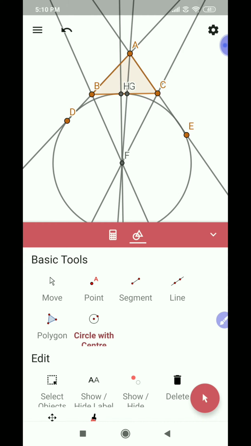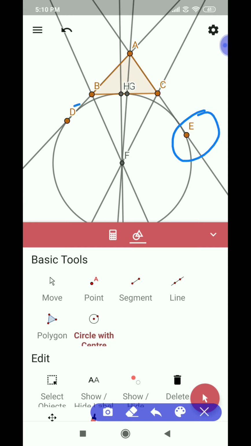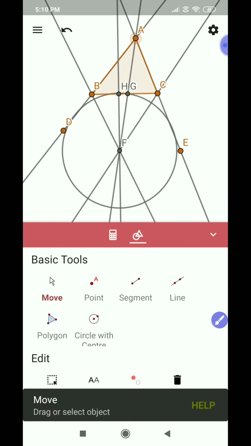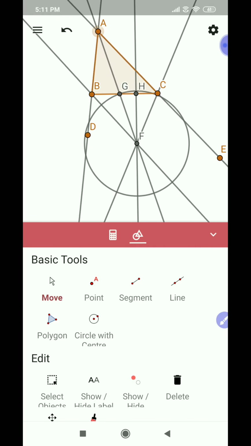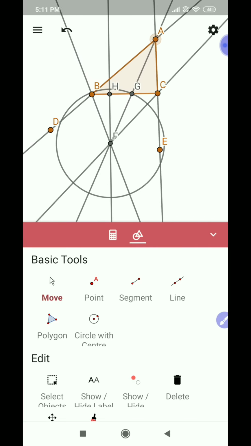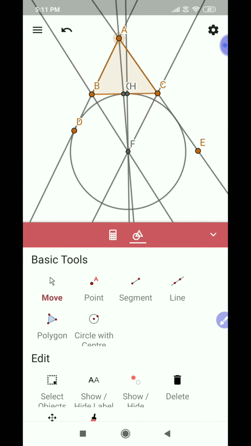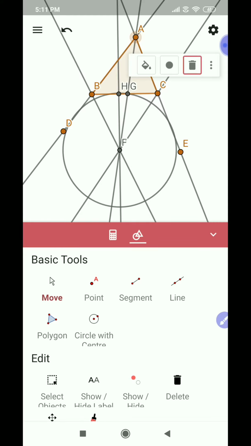Wow, it is touching all the sides externally. Did you observe? It is touching here, here, and here. So we call this an excircle, and this center is called the excenter. Just observe carefully. It is always an exterior point.